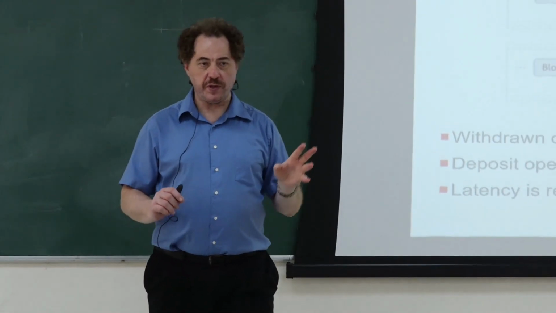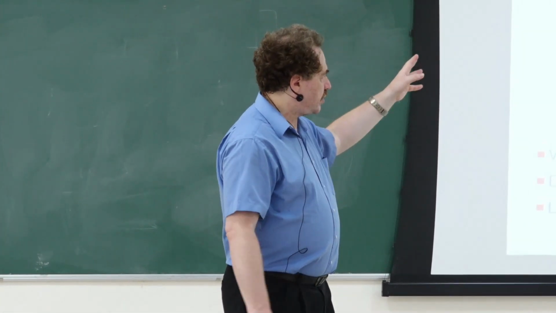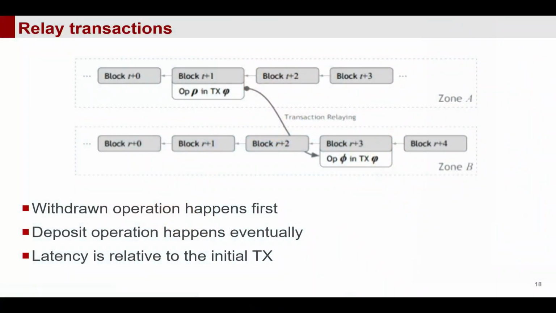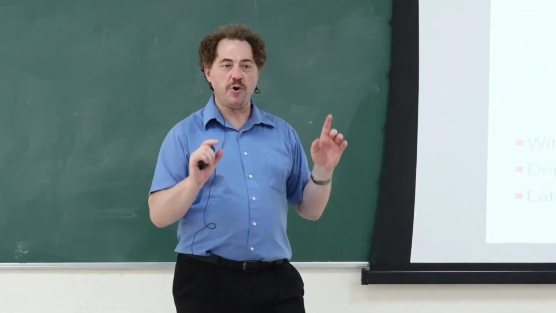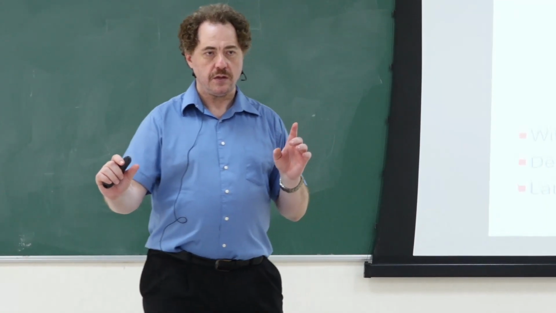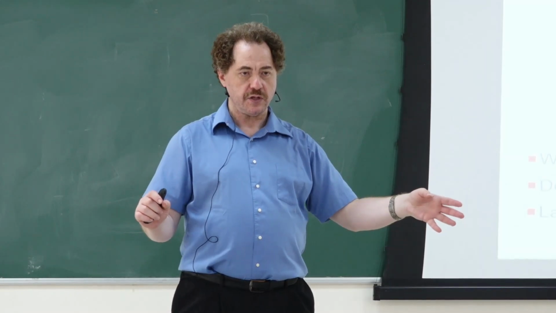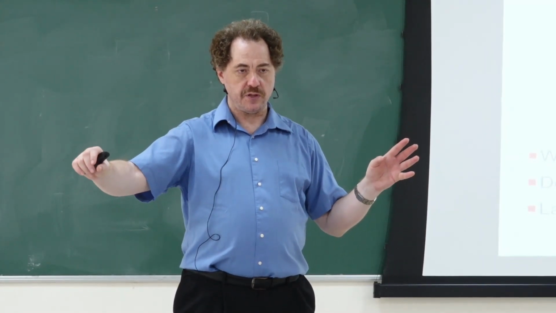One transaction withdraws funds from the user in zone A, and the second deposits funds in the user account in zone B. The point Monoxide is making is that the deposit can be delayed. The withdrawal needs to be immediate to make sure there are funds, but the deposit can be delayed a bit.